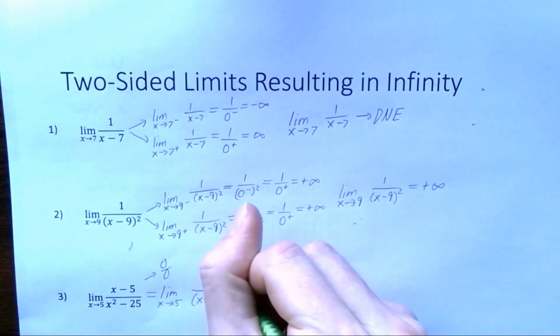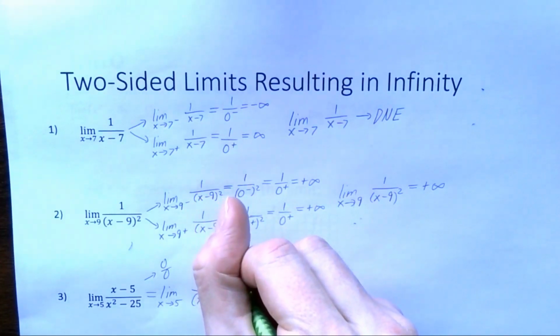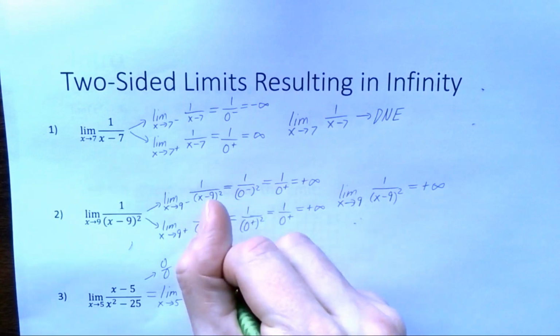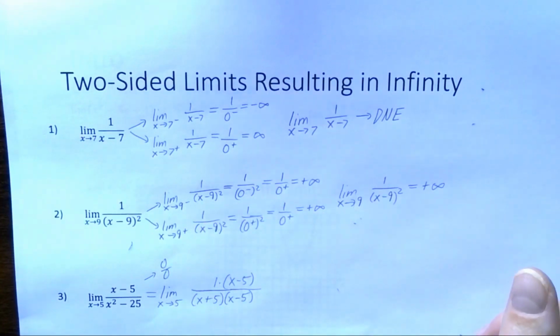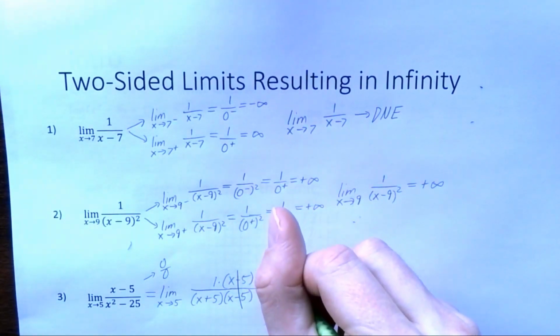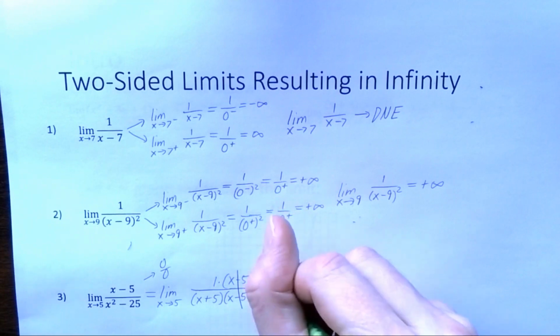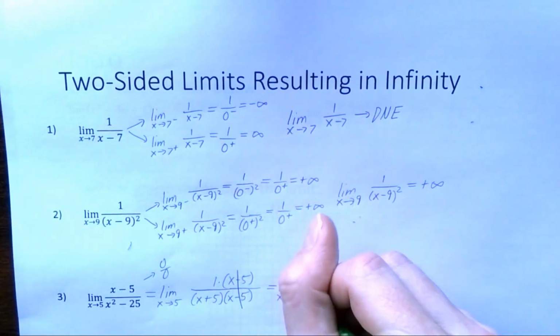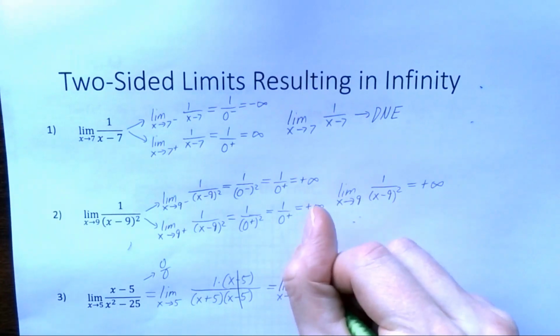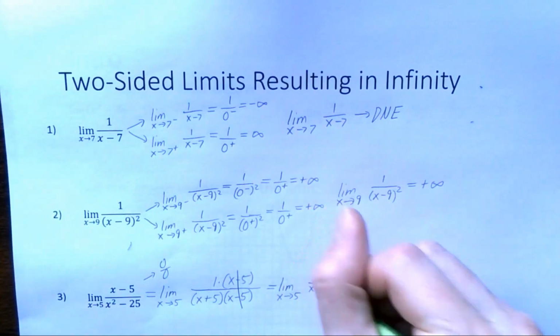And then the top is x minus 5. And remember, you can always write that as 1 times whatever you have. So now we can cancel the x minus 5's, and we're left with the limit as x approaches 5 of 1 over x plus 5.